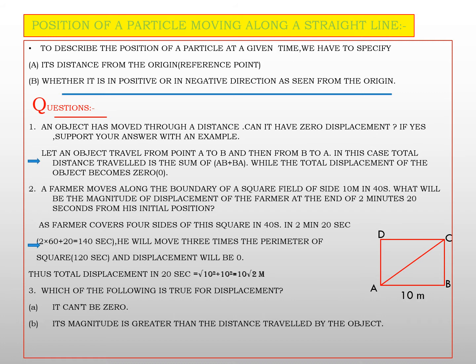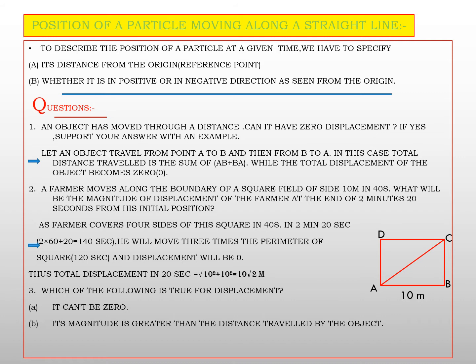In 2 minutes 20 seconds, that is 140 seconds, he will move 3 times the perimeter of the square in 120 seconds, and displacement will be 0. Thus, the total displacement in the remaining 20 seconds is equal to root under 10 square plus 10 square, that is 10 root 2 meter.